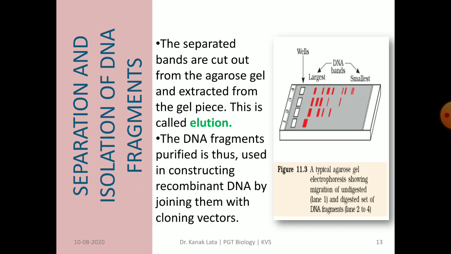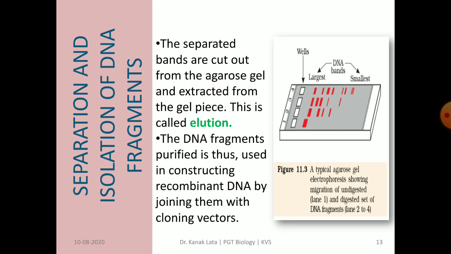These bands of DNA fragments are cut out from the gel and extracted from the gel pieces. This step of extraction of DNA fragments from the gel piece is called elution. Then the eluted DNA fragments are purified and used for construction of recombinant DNA by joining them with cloning vectors.